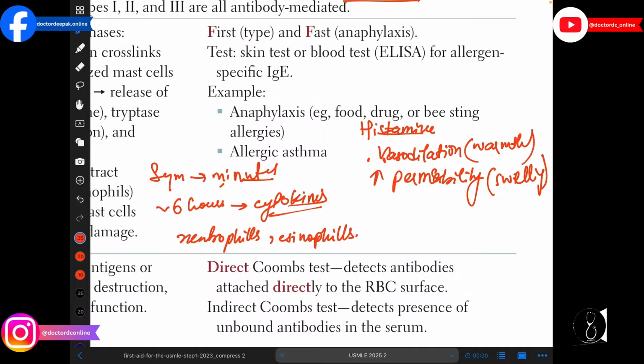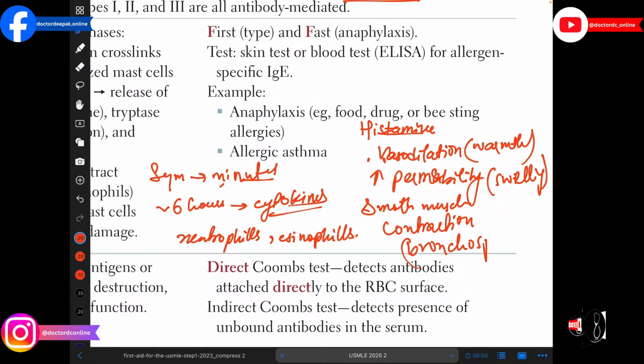The swelling is due to increased permeability of venules, and there is also smooth muscle contraction that results in bronchospasm. Those are the main functions of histamine in the hypersensitivity 1 reaction: vasodilation, increased permeability of venules, and smooth muscle contraction resulting in bronchospasm.